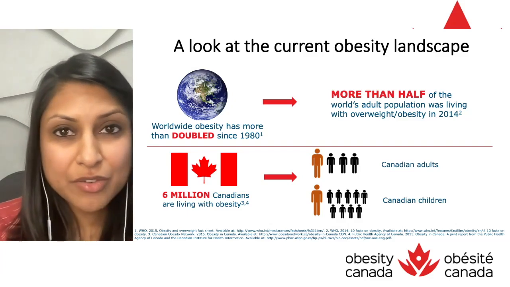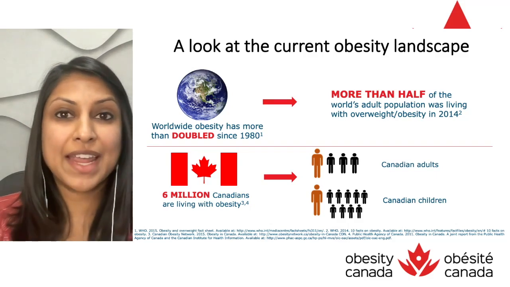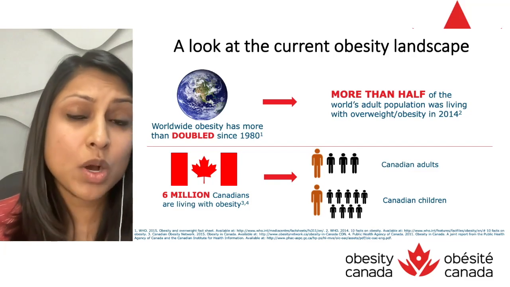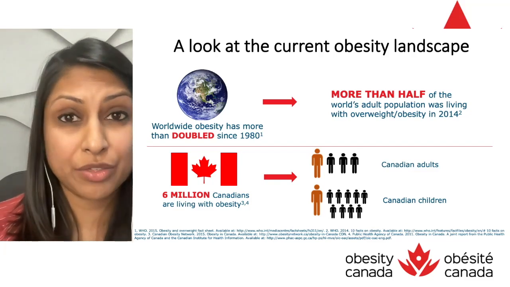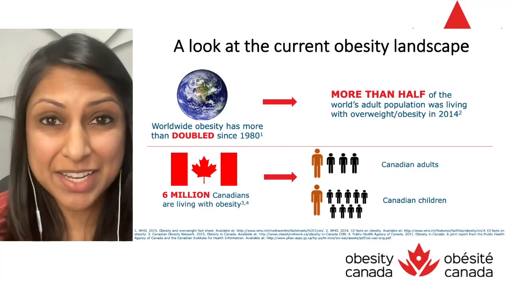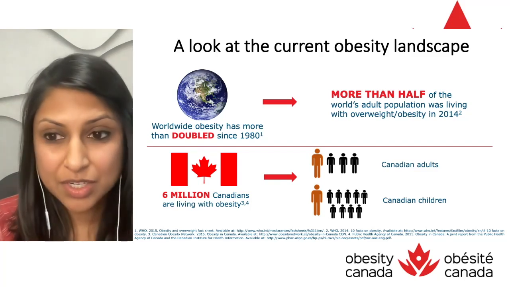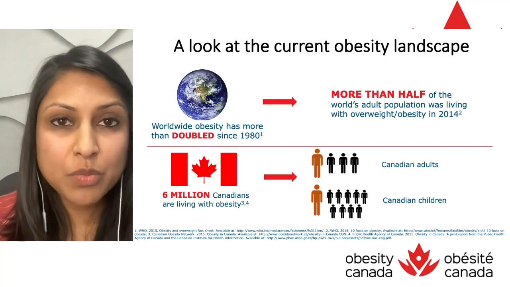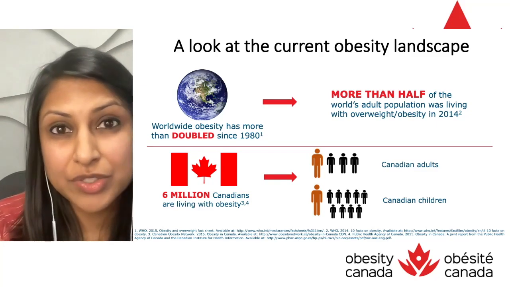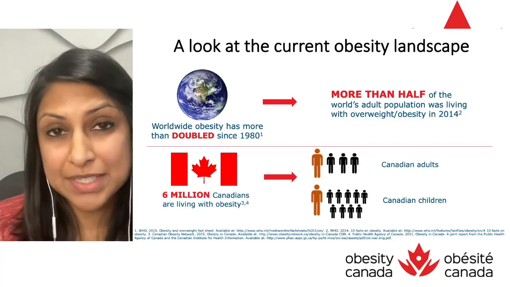I'm not sure if many of you had seen, but the World Obesity Federation put out an atlas looking at the projections of what was going to happen with obesity in 2030. Unfortunately, we haven't done much better. We really haven't moved the needle in terms of preventing obesity. And what that projection showed was that 1 billion adults worldwide by 2030 will have obesity.